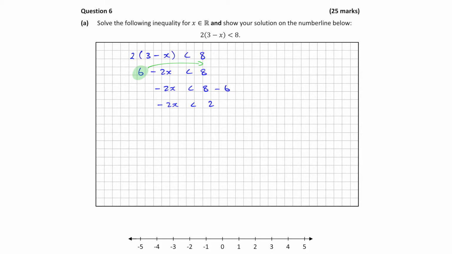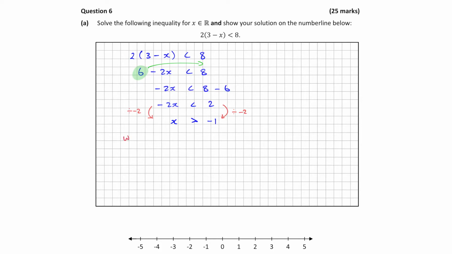And here's the trick, right? When we're dealing with inequalities, anytime we divide by a negative, we have to change the direction of the inequality sign, right? So if I divide both sides by negative 2, I get x is greater than negative 1. Okay, so all I'm doing from this step to here is dividing by negative 2. But when I divide by a negative 2, I change the direction of the inequality sign. That's very important.